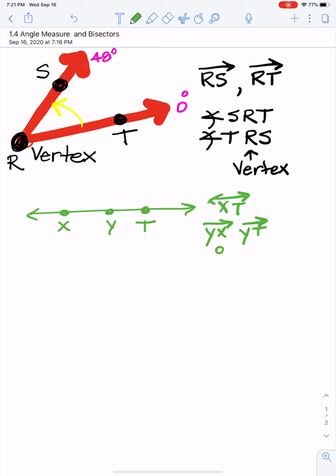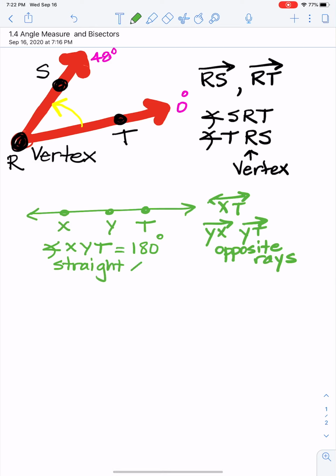You could refer to those as opposite rays. You could call this an angle also. This could be angle XYT, which would be equal in degree measure to 180 degrees as measured by the protractor. Or you could refer to this as a straight angle. Okay?